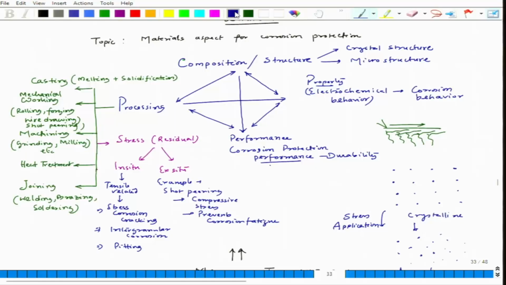So let us introduce that particular part in the composition and structure region. We call it passive film or surface film, fine. That would also have influence on the property and finally on the performance.